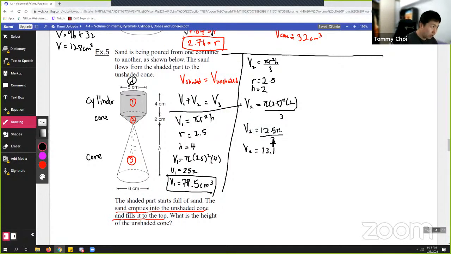Or let's round it to the first decimal place, 13.1. So there's our volume there. Before we move on, are there any questions so far?